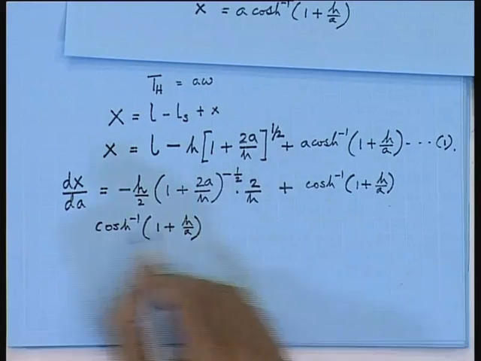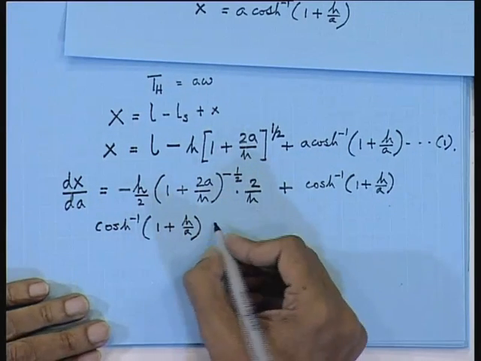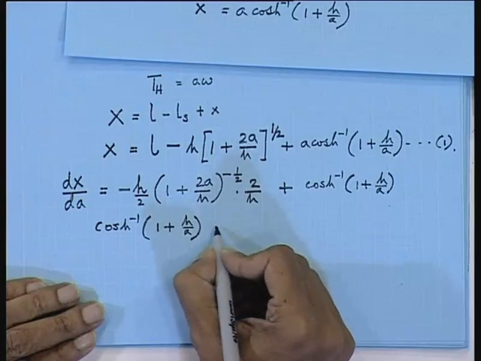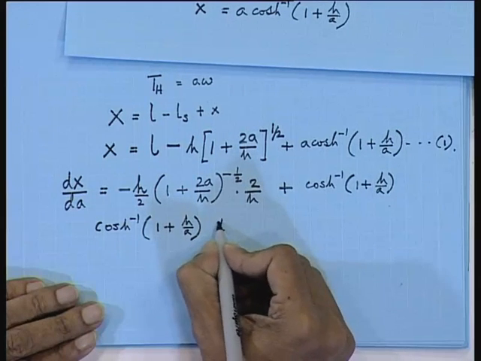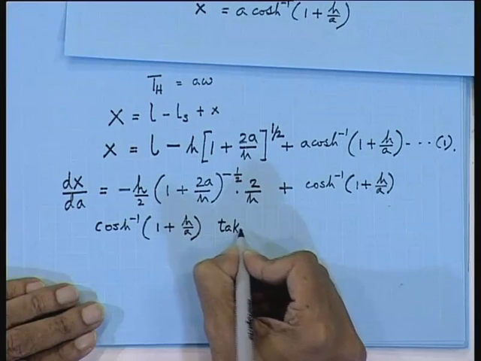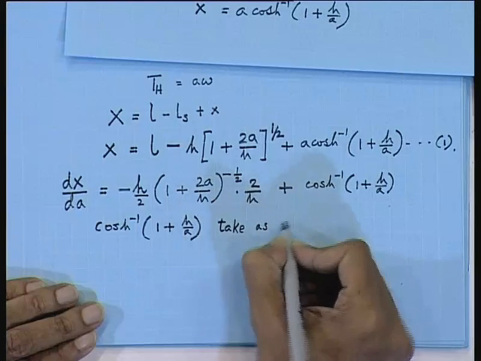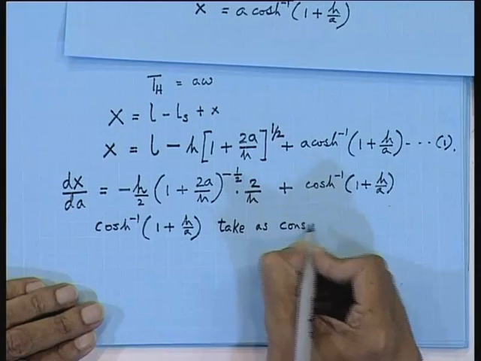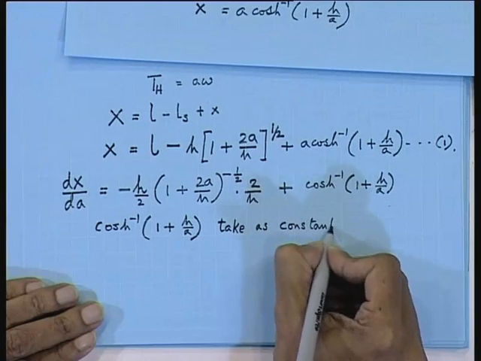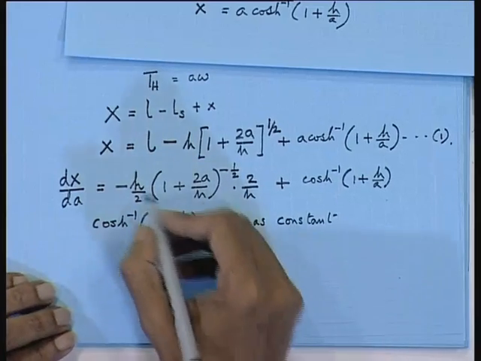Now, in this simplified version, this has been taken as constant, and that simplifies a lot of trouble.